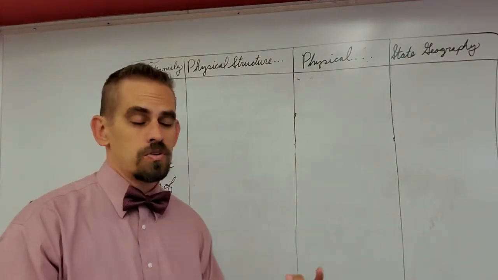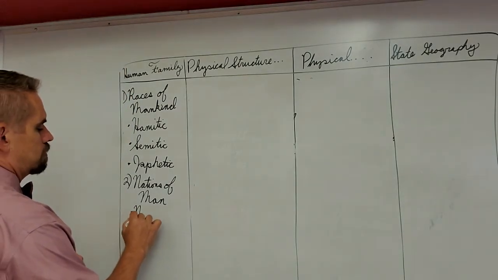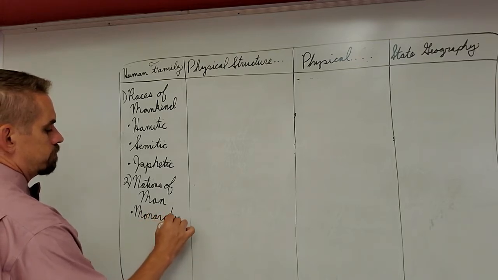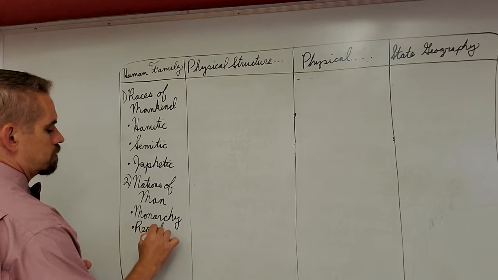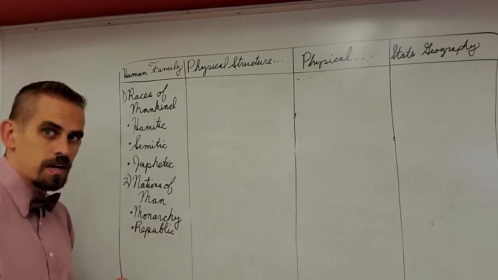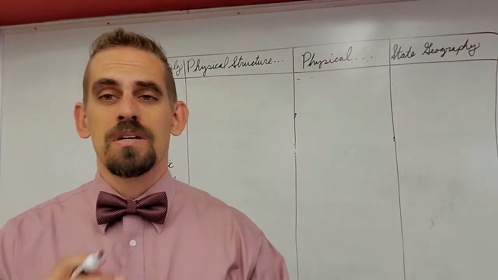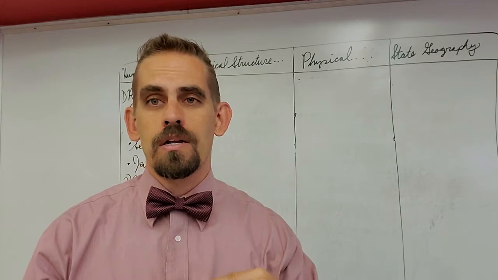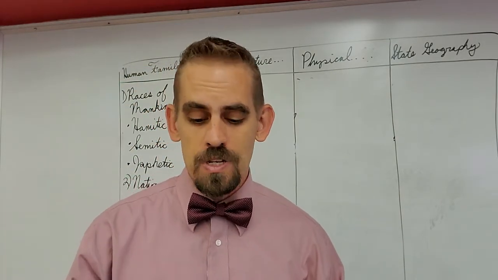And those 2 extremes, shall we say, are either monarchy or republic. There's different variations, but basically those are, it's either top down or bottom up. Top down is the monarchy, tyrannical. Bottom up is the republic, and that's representative government.